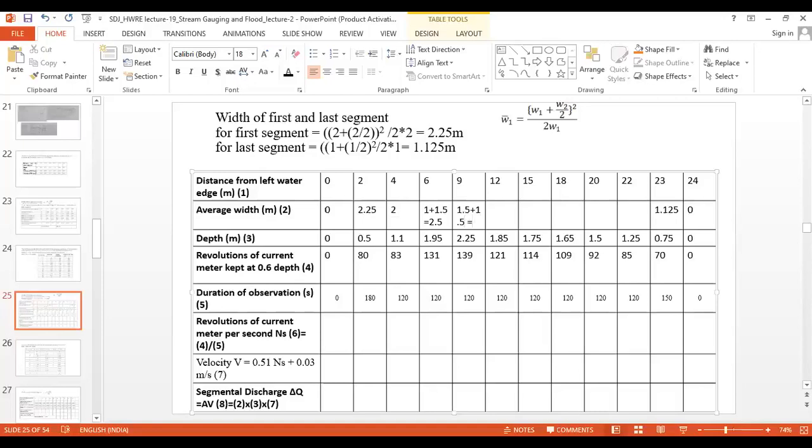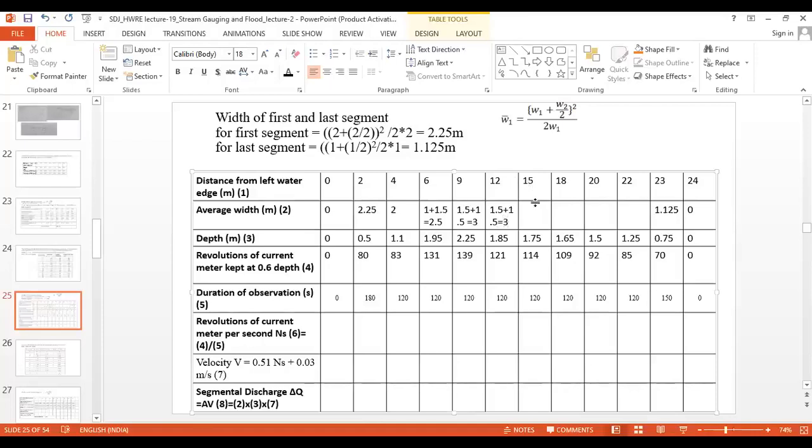Is it correct? Just check the answers. Then next one, on the left side there is 9, that is 3, half of 3 is 1.5, plus on the right side 12 to 15, that is 3, half of 3 once again 1.5, that is equal to 3.